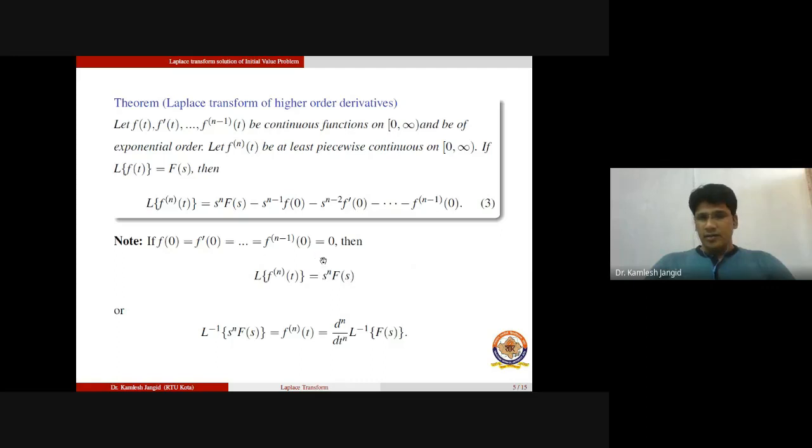Then the inverse Laplace transform of this term is given by the nth derivative of the function, which can be written as the nth derivative of the inverse Laplace transform of capital F(s), right? So these two results are very important to find the Laplace transform of derivatives.